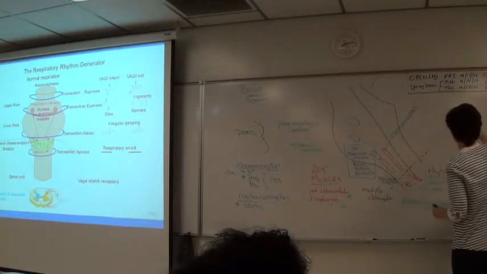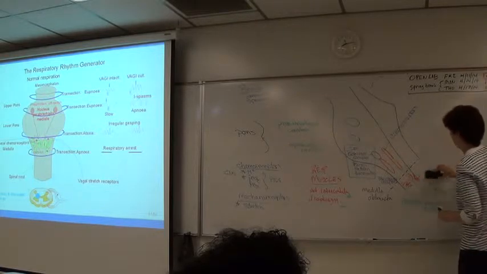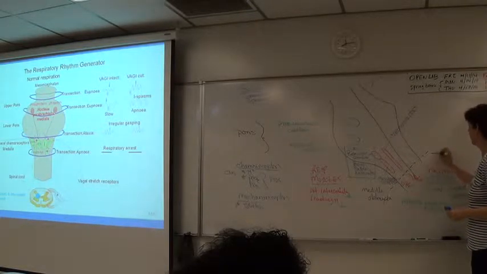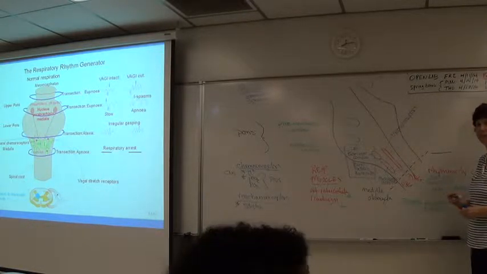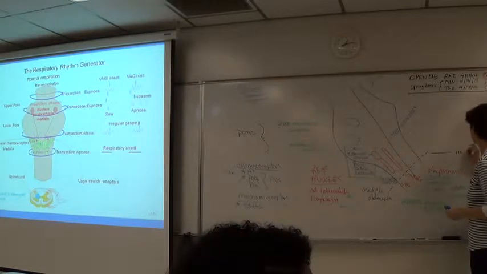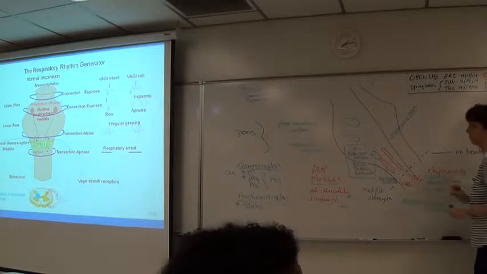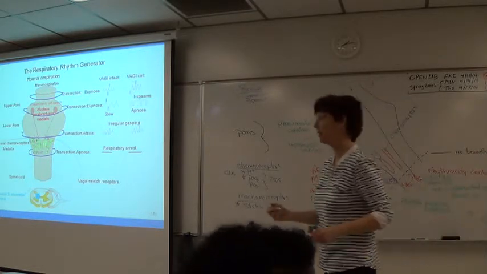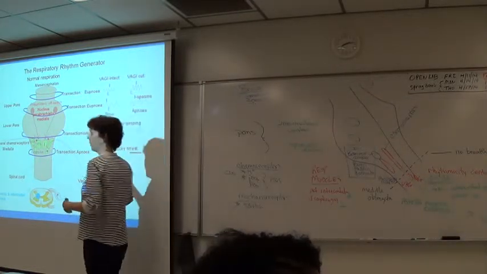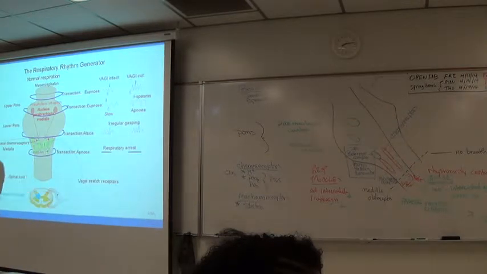I'm going to erase my wrap effect. So if we cut below the medulla, no breathing. Because we need the respiratory center to breathe, okay? So that's the respiratory arrest here.